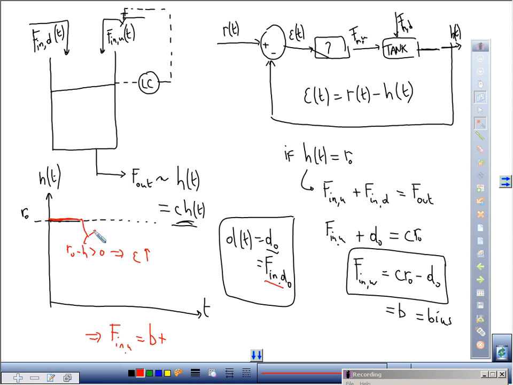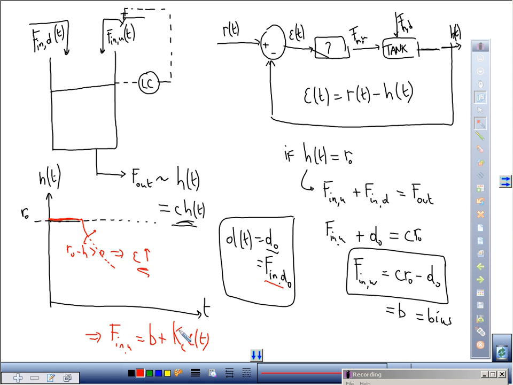And the more we see that the level is starting to differ from the reference, the more the error will increase and the more effort the controller should do. So therefore, we add a term that is stating that the effort of the controller is increased when the error itself is increasing.